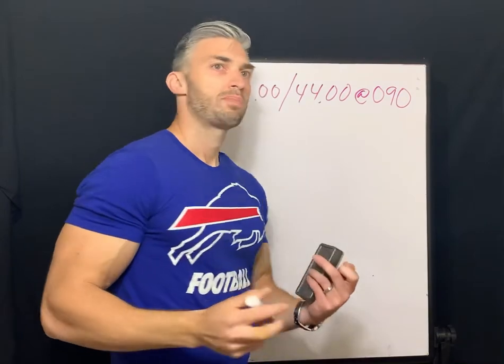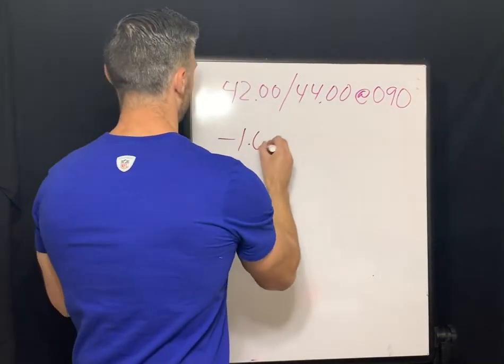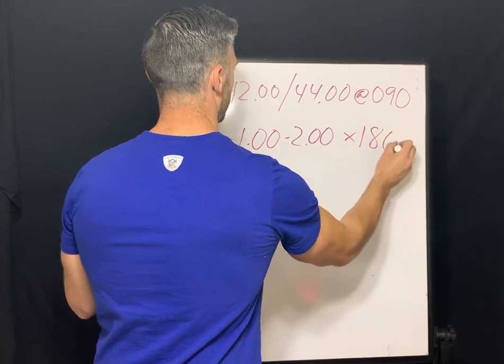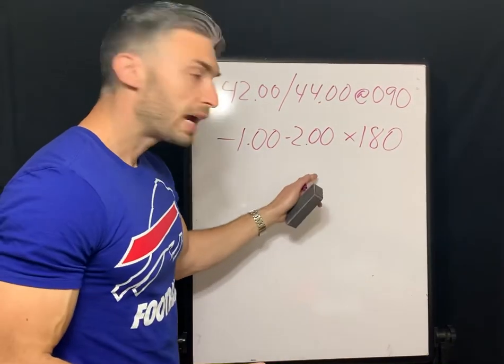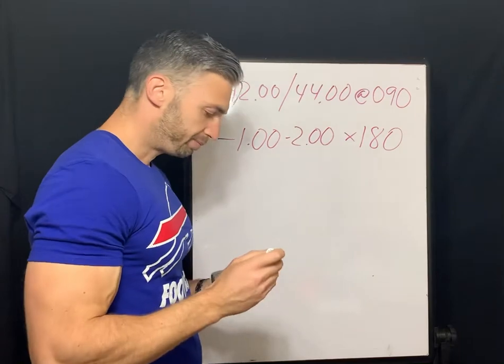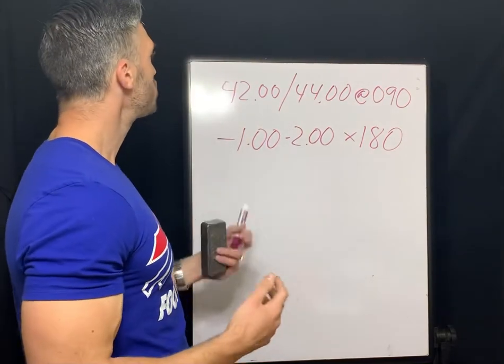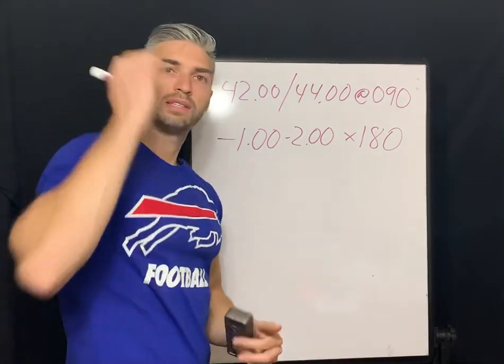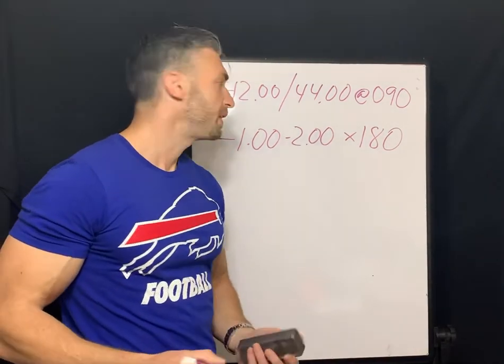I'm going to put a prescription down here: -1, -2 at 180. If we're posed with these K readings and this refraction, the question might say, what type of lens should we fit?